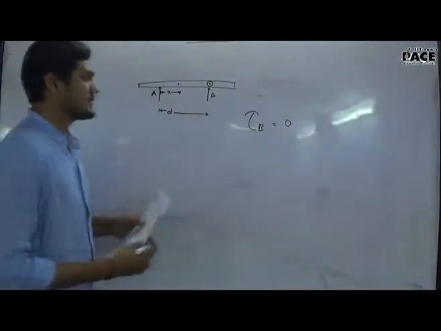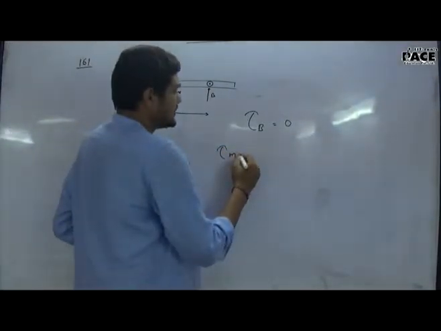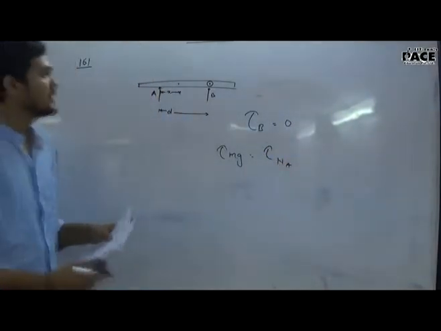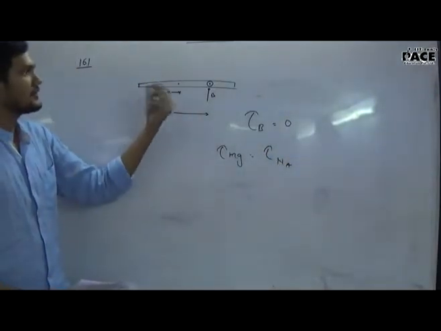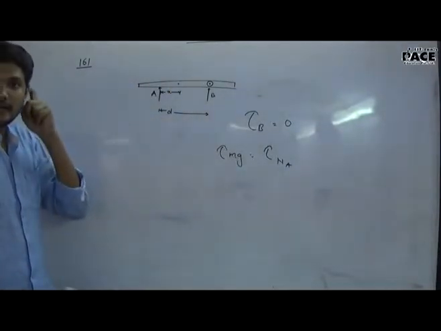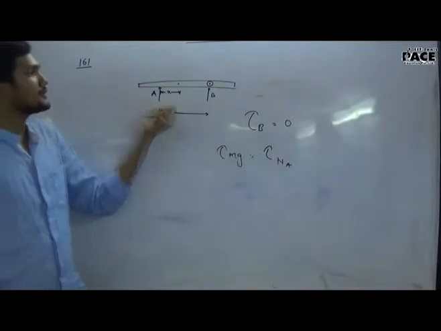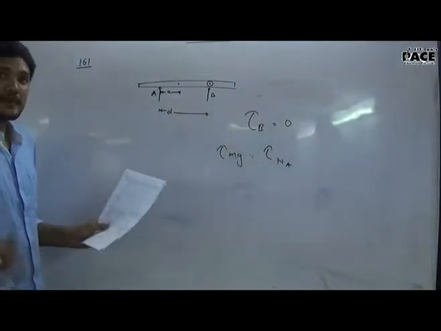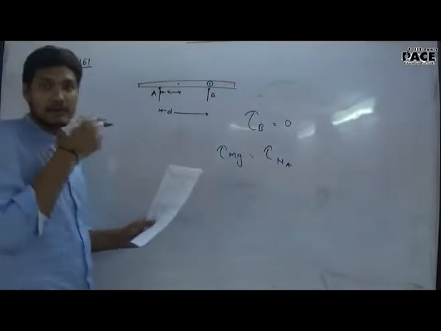This implies that the torque of mg should be balanced by the torque of the normal at A, because the force applied at B passes through the point at which we want to find the torque.